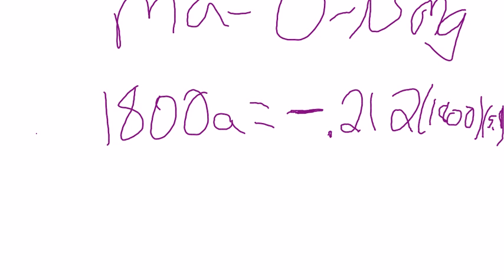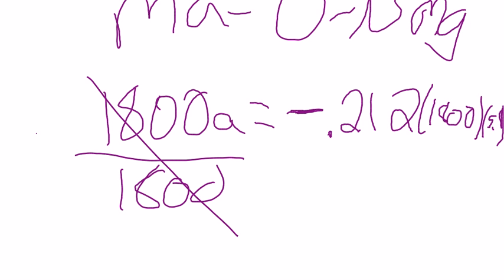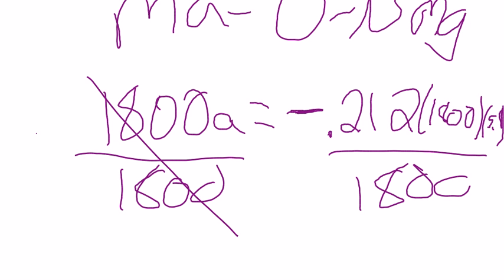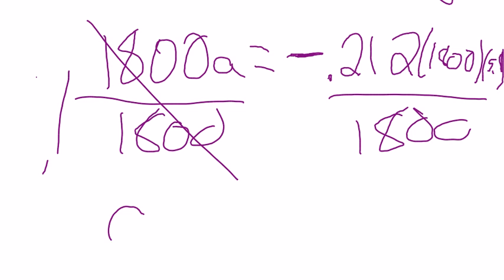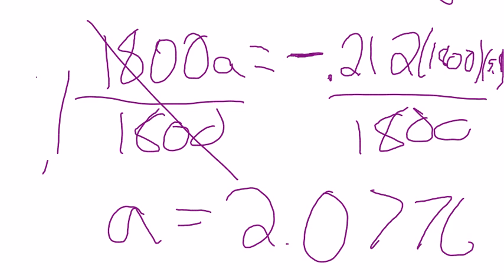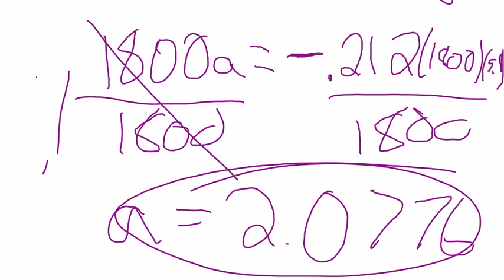Kind of cramped over there. So we'll do divided by 1800 on both sides. Get acceleration by itself. Do that in the calculator, and you'll get 2.0776 as your answer. That's UTexas Friction 5, questions 14 and 15.